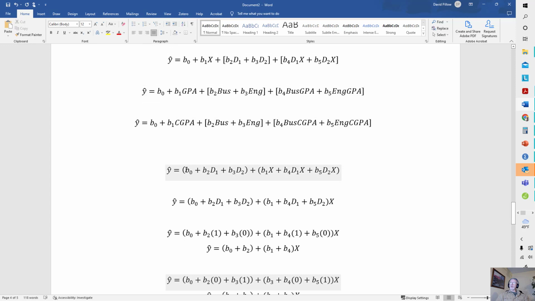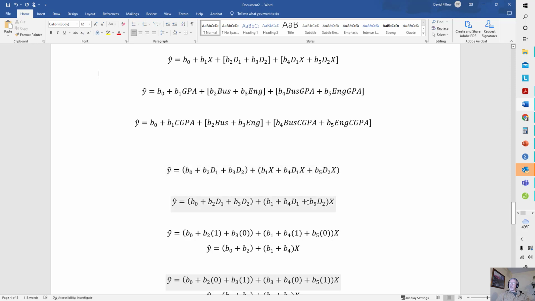So if I go ahead and rearrange my terms, taking the B2 and B3 here for my dummy codes and placing them over here with the B0, these are going to reflect how B2 and B3 are going to change the intercept. Take my B1 with the X and place it over here, and then this is my initial slope, and this is going to reflect how the slope changes as a function of engineering majors and business majors.